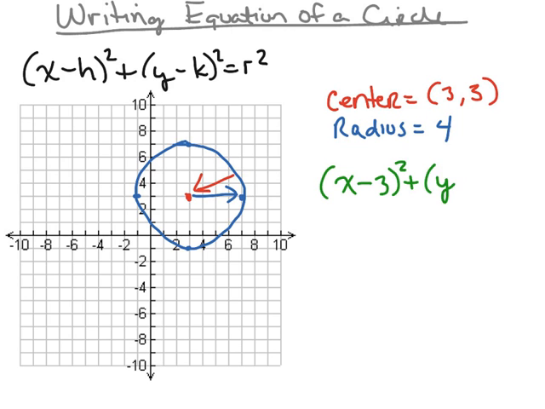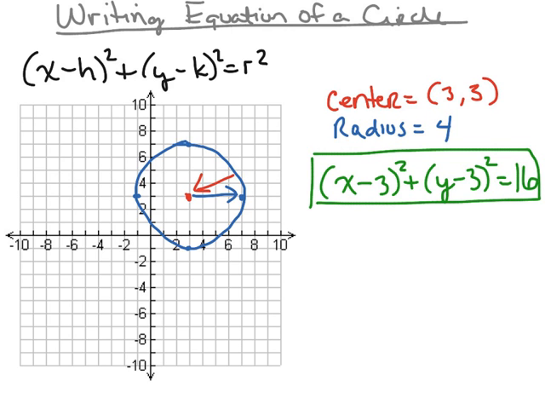We're going to go with (y − 3)², and we have to use the opposites. Then it's going to equal the radius squared. And since our radius was 4, if I square the 4, 4 squared is 16. Therefore, our equation for this circle is (x − 3)² + (y − 3)² = 16.